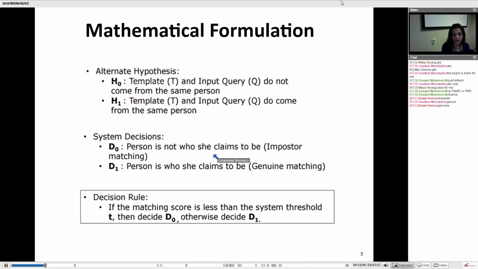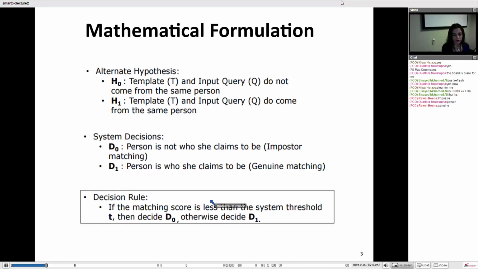The system rejects the person. D1: the person is who she claims to be, so the matching is considered genuine and the person is accepted. These decisions can be wrong or correct.